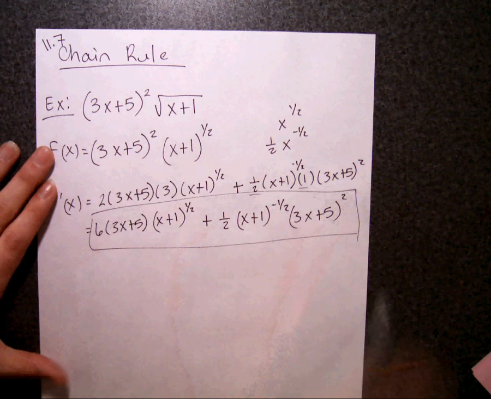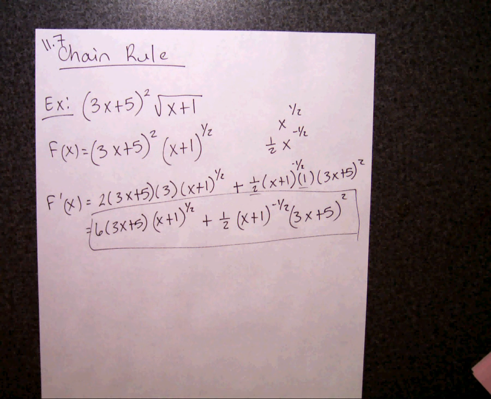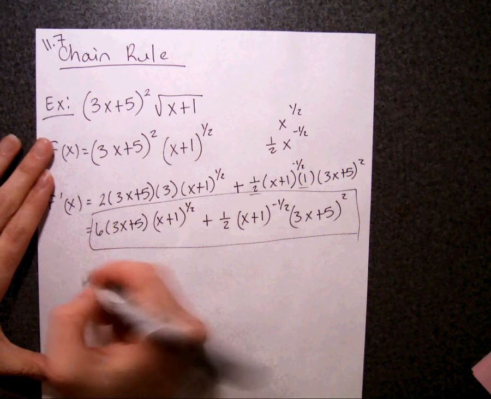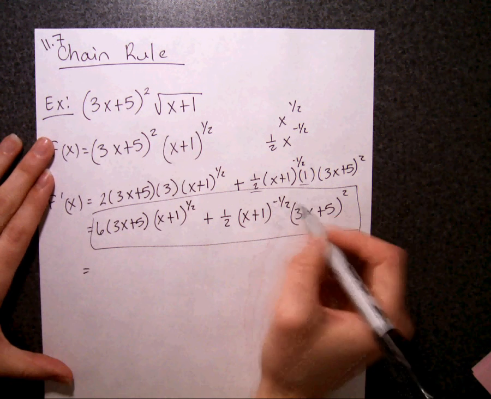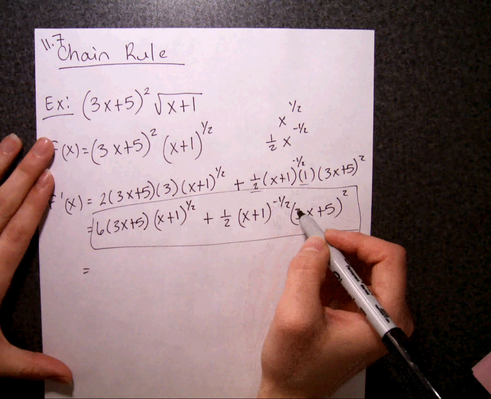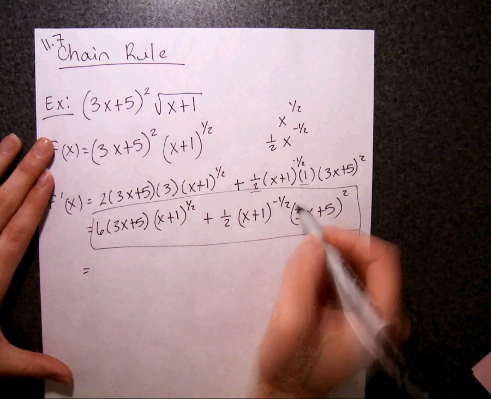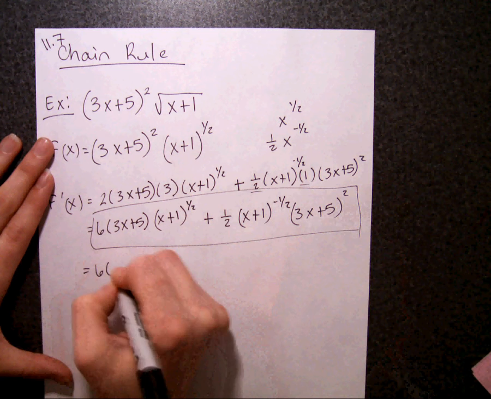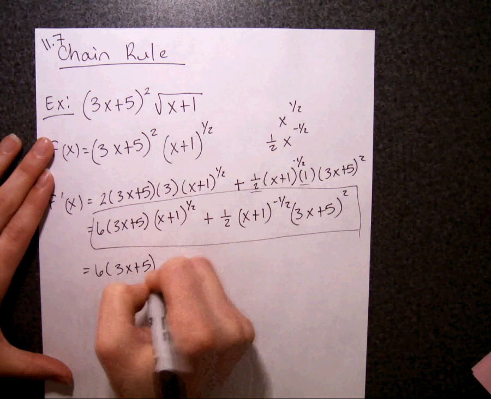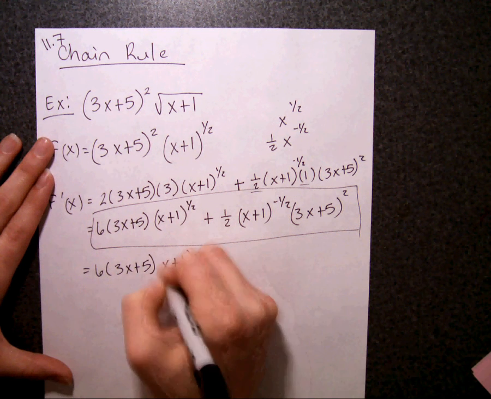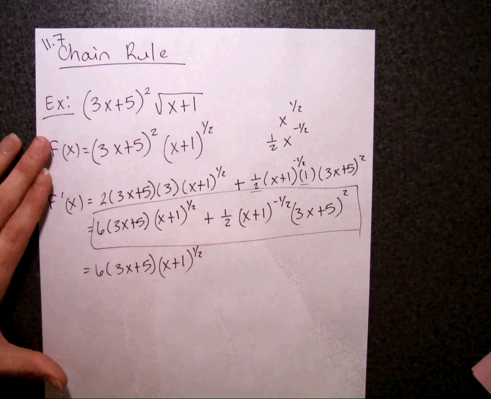But we're going to take it one step further, because in other classes you might have to do it. Some people are not okay with this negative exponent. So what does a negative exponent do? Little algebra review. It would be a fraction, right? It forces it to the bottom.